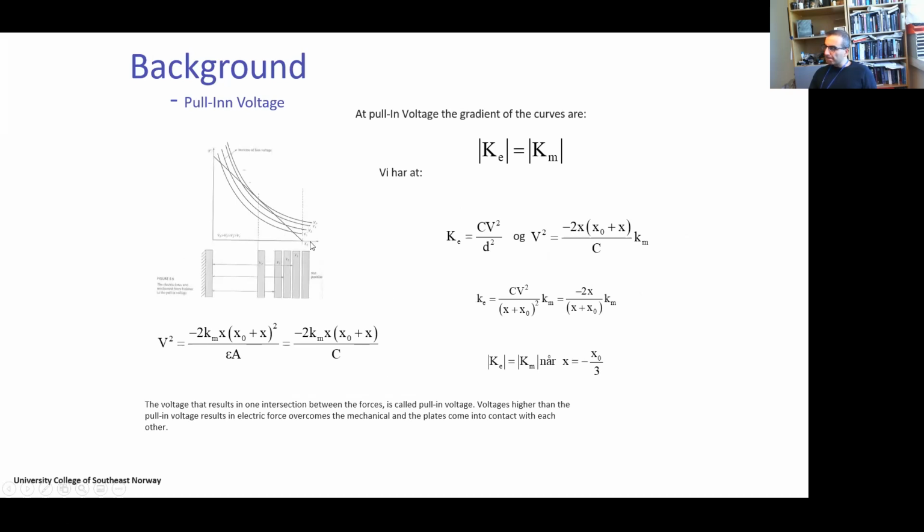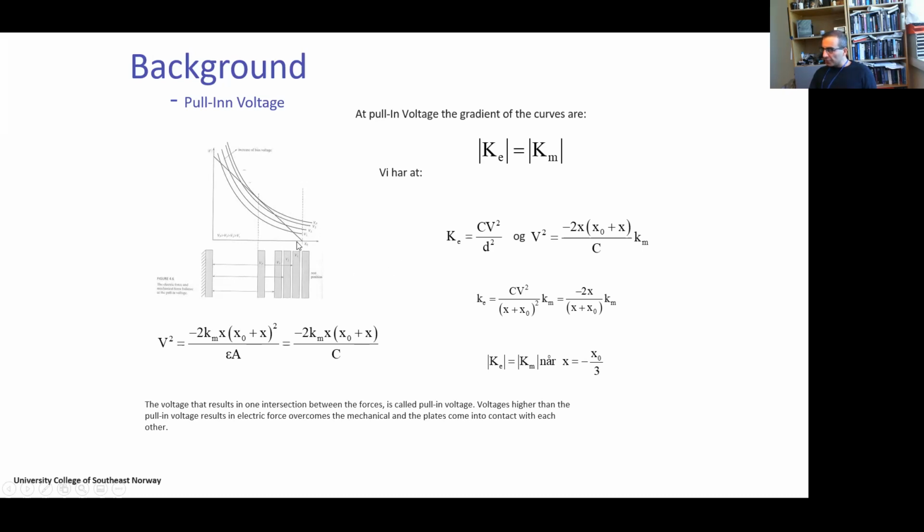Since the mechanical force is constant, it can be represented by a straight line, and the electrical force will change depending on the voltage, and we see that it's a non-linear form.